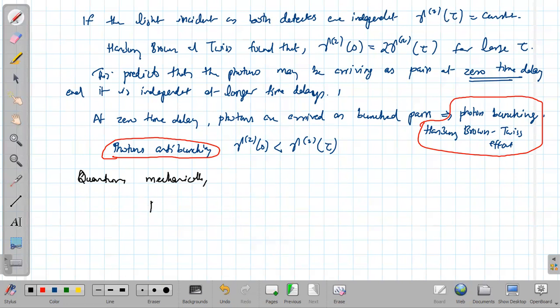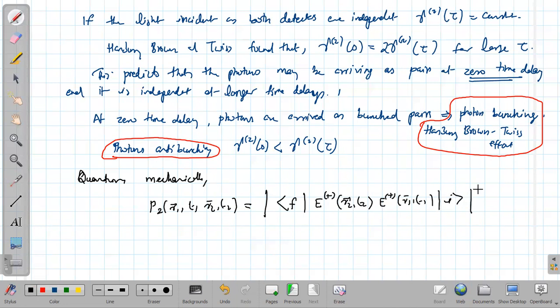Now, quantum mechanically, the probability of detection of photons at both the counters R1 T1 and R2 T2 will be equal to the mod square of the final state, ⟨f| E+(R2 T2) E+(R1 T1) |i⟩ squared. Here i and f are the initial and final state.